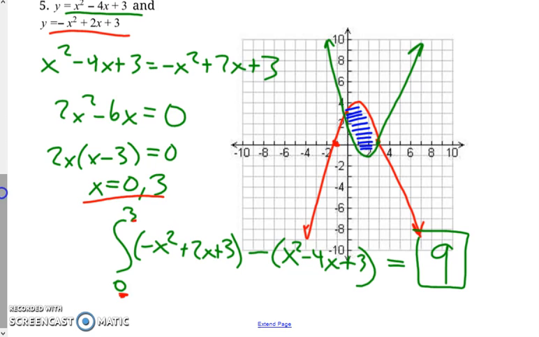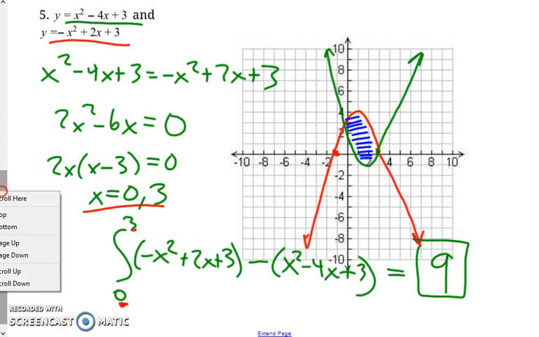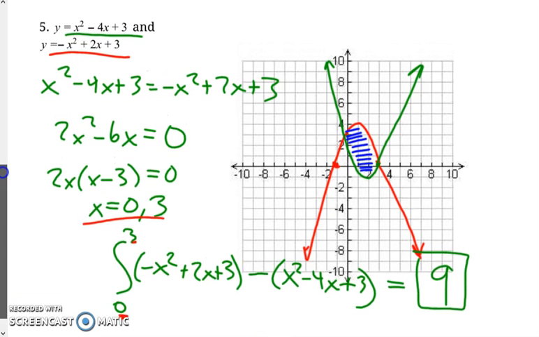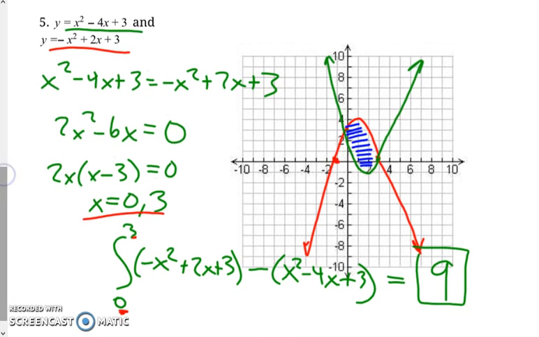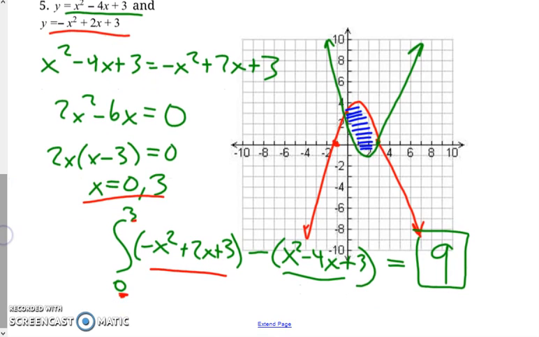And then when I set up my integral, I made sure I did top minus bottom. In this case, the red upside down parabola was on top, and the green normal parabola was on bottom, so I did top function minus bottom function, making sure I had those parentheses, and then I just typed that in my calculator. Again, you can do this by hand, but we'll do this a lot with the calculator since we've already done a lot of work up until this point.